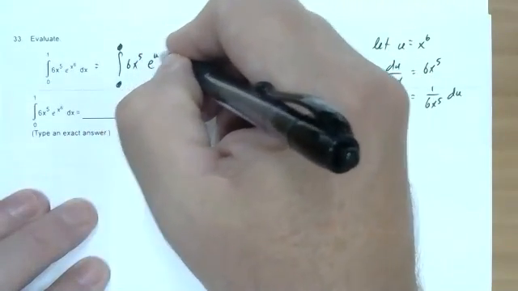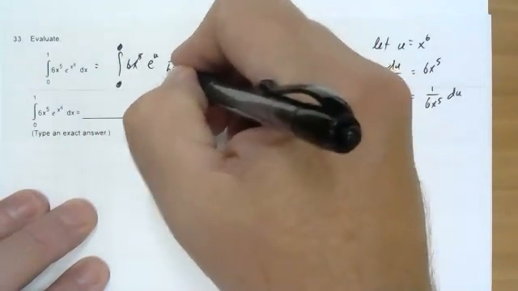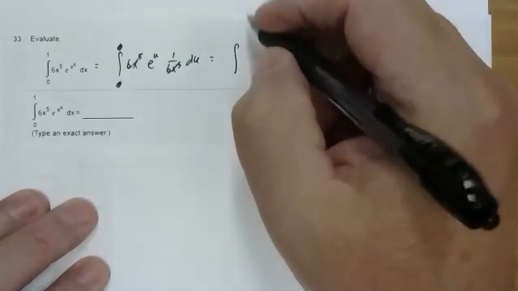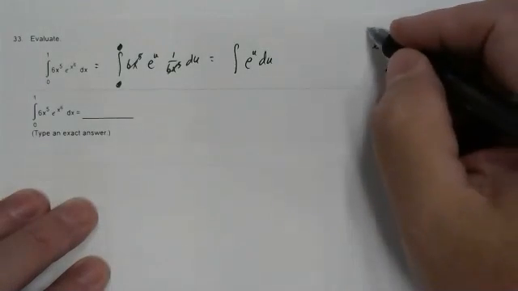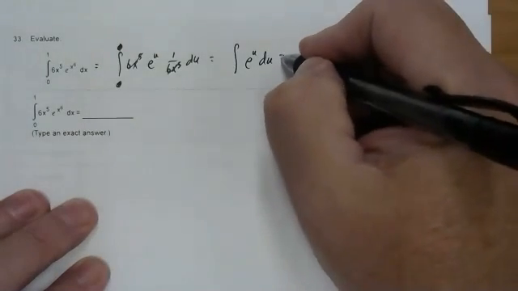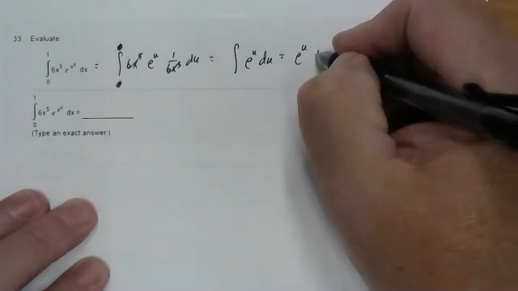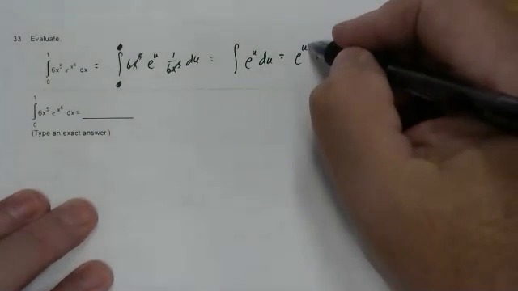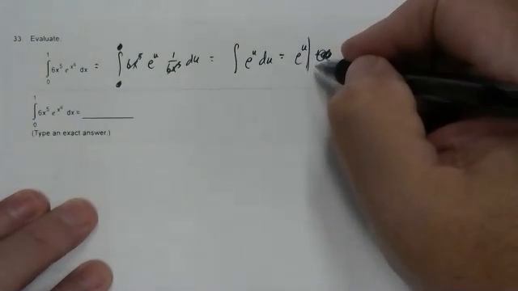But it's okay, we'll fix that later on. But I'm very happy that 6x to the fifth and 6x to the fifth cancels. So I ended up with e to the u du, which is one of the easiest integrals. E to the u plus c. Guess there's no plus c, it's just e to the u.